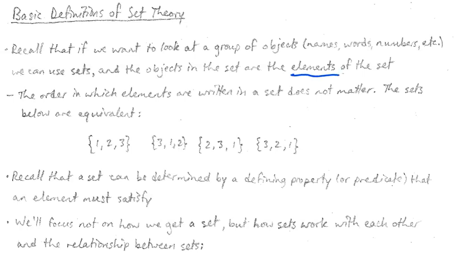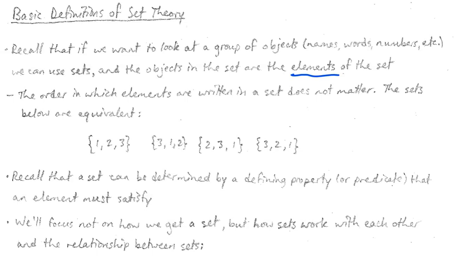That's something we didn't perhaps mention earlier on in the course, but each guy in that set is called an element of the set. And when it comes to writing sets, the order in which we write these elements does not matter. So here I have a quick sample.